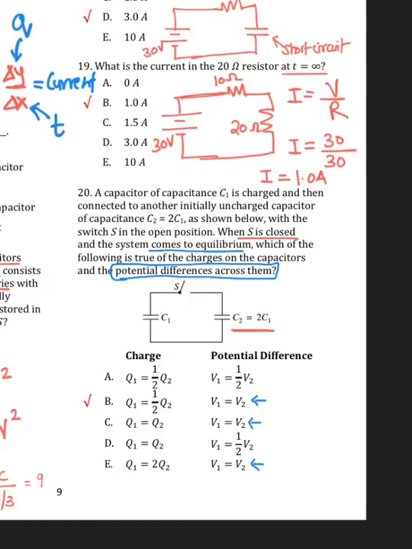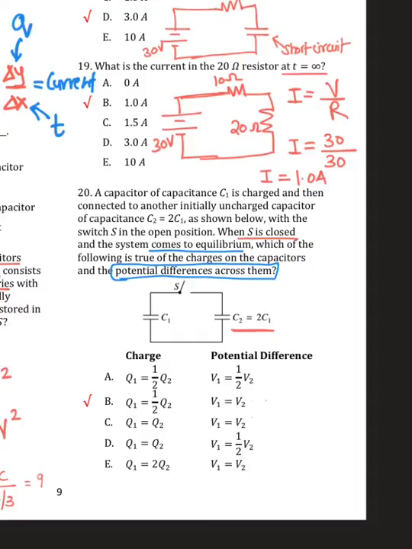They have V1 equal to V2 because it has reached equilibrium. That means there is no current flowing through it. That means there is no flow of charge, and hence the potential across the two capacitors must be equal. Okay. So we have to now choose which one of these three would be the correct option.